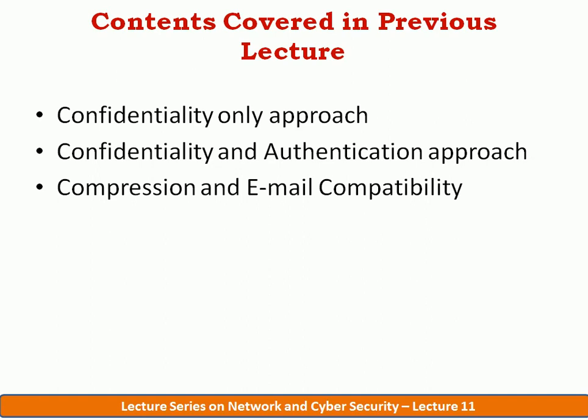We discussed the confidentiality only service provided by the PGP, what operations it performs, and what keys and algorithms it uses for this service. We saw that CAST-128, IDEA or 3DES are the algorithms which can be used to provide the symmetric encryption for the confidentiality service.